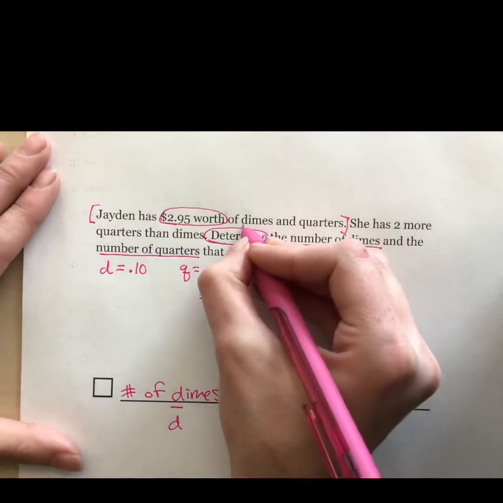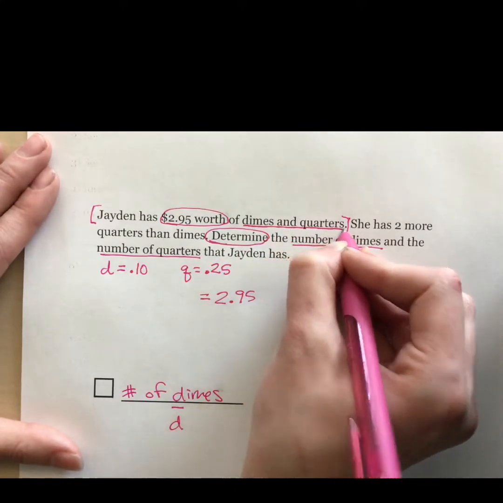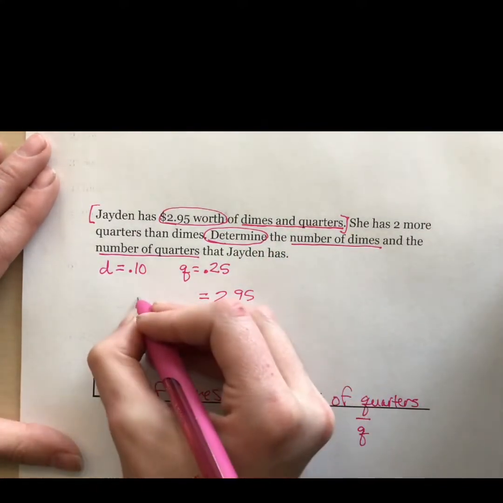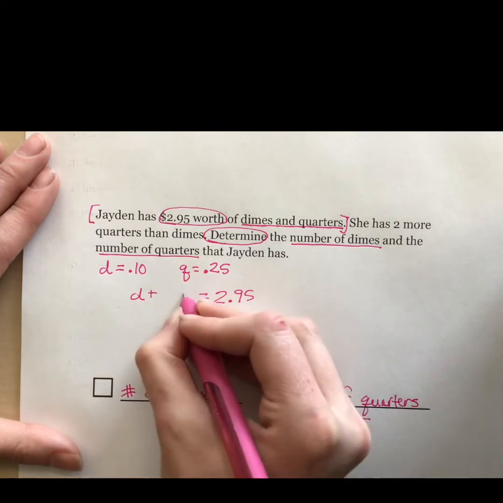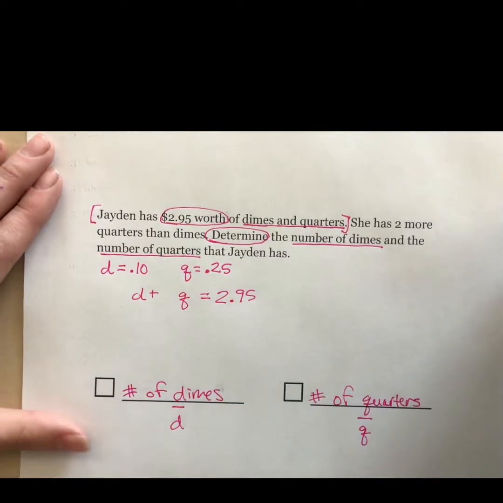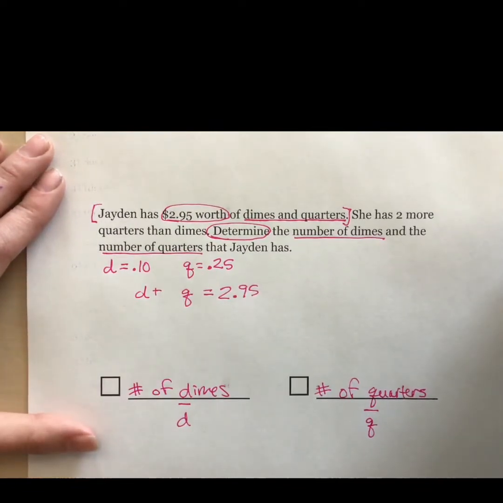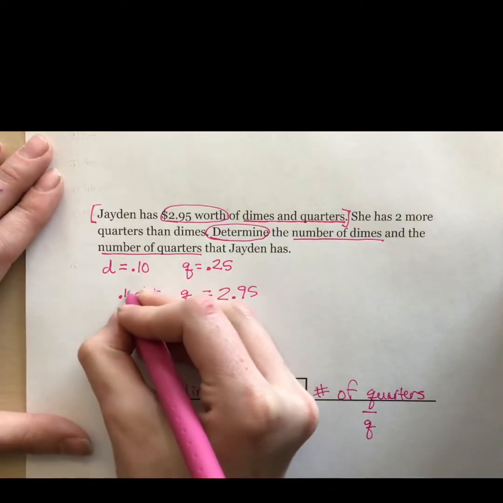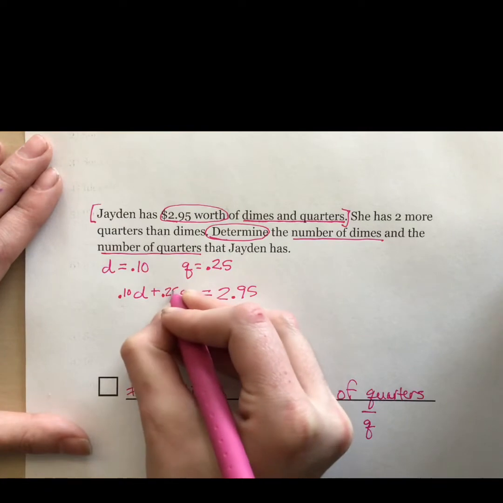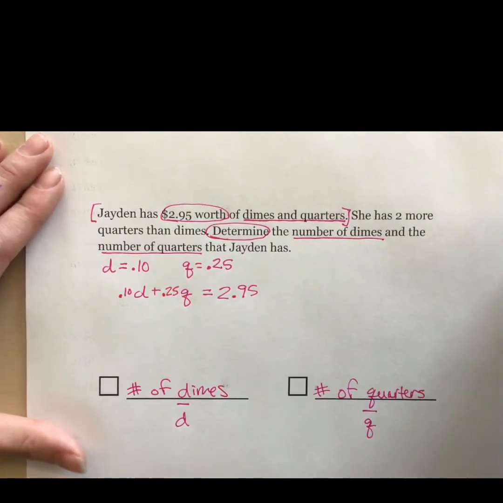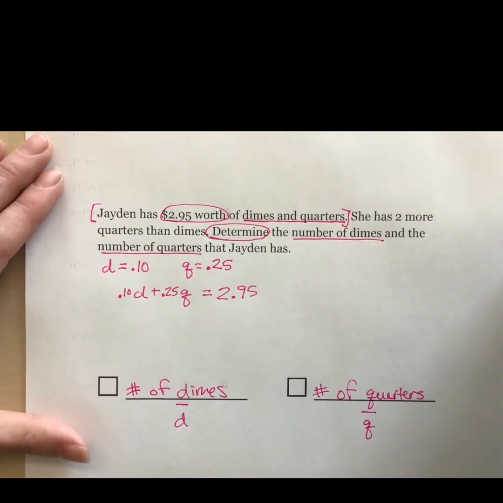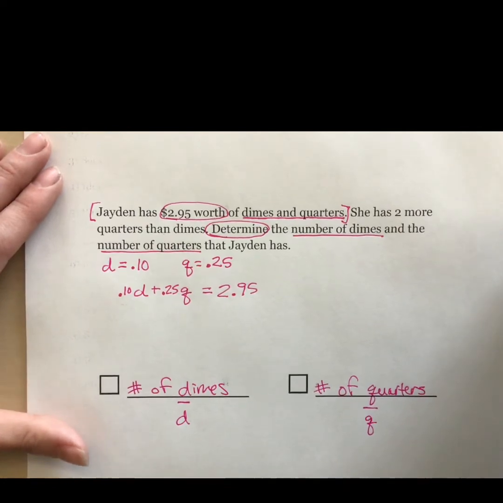That something else is my total amount of dimes and quarters. So I have my amount of dimes and my amount of quarters. But remember, it's not just the amount of dimes plus the amount of quarters, it's the price of the dimes and the price of the quarters. So we've set up our first equation.